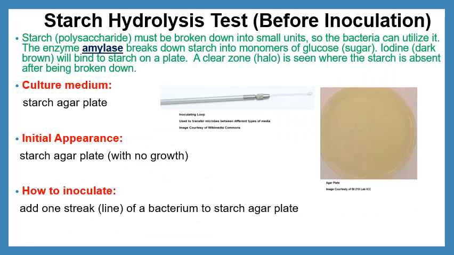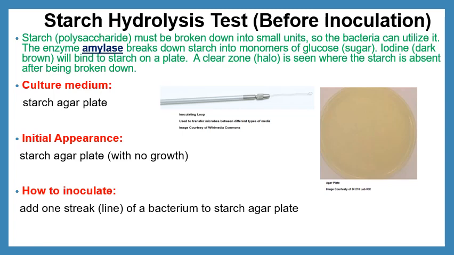Let's begin by talking about starch. Starch is a polysaccharide, or many sugars, that can be broken down by amylase to produce the monomers, or glucose. If you were to take any product that has lots of starch, such as a starch plate or a potato, and add iodine, the iodine will react with the presence of starch, turning a dark brown color, indicating starch is present.